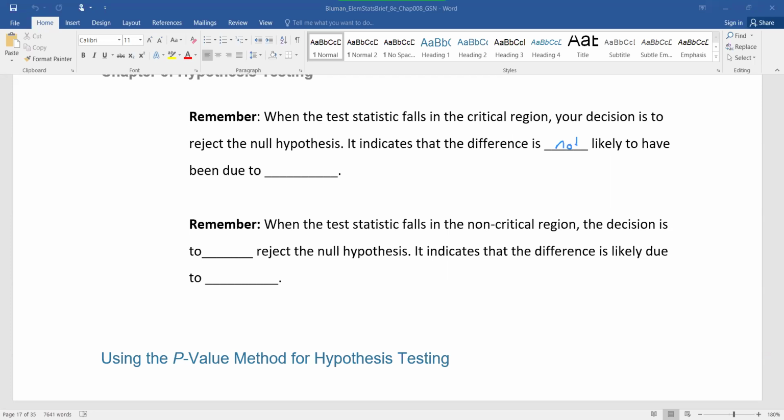So when the test statistic falls in the critical region, your decision is to reject the null hypothesis, and it indicates that the difference is not likely to have been due to chance. When the test statistic falls in the non-critical region, the decision is to not reject the null hypothesis, which indicates that the difference is likely due to chance.